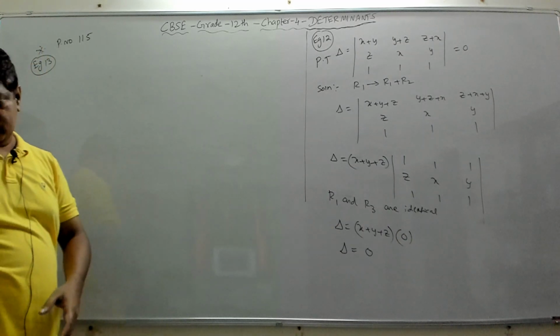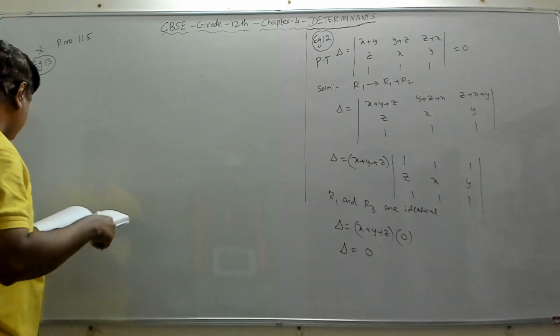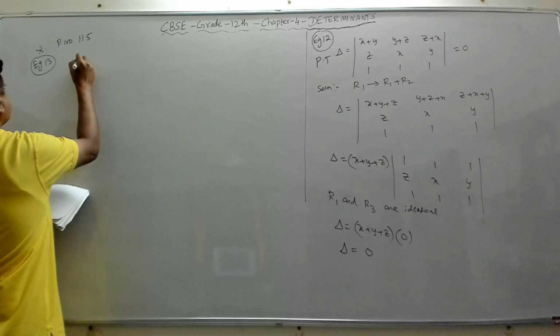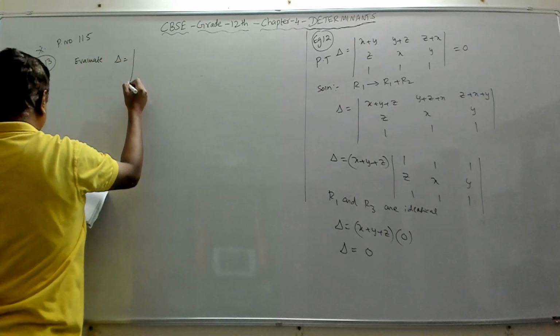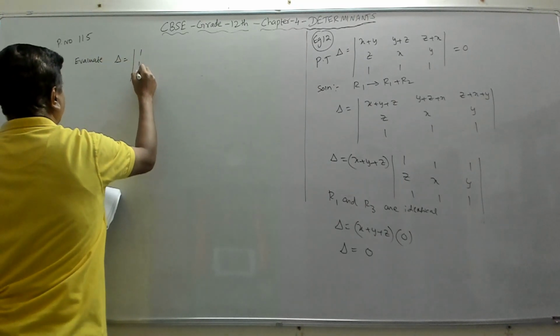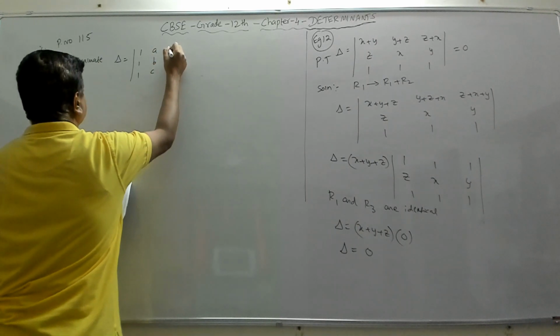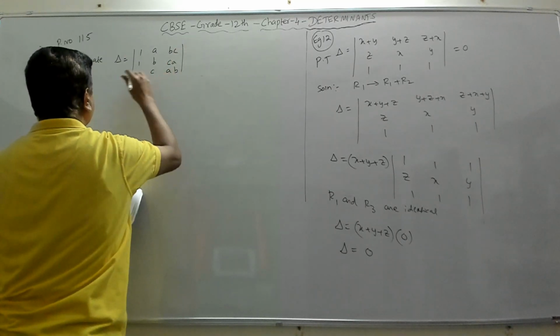Here we do not have to show that, we have to evaluate. You have to find the value of this determinant. So evaluate delta equal to the determinant 1 1 1, A B C, B C, C A, A B. Now we have to find the value of this determinant.